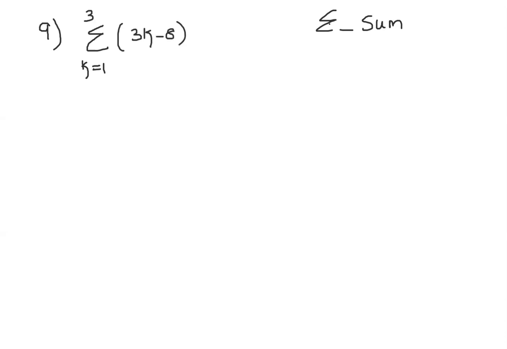And the next one is we are going to learn how to write the terms of each series, the sum of the series. So I'm going to number 9. This sigma is the symbol for sum. So this means adding; we have to add the terms. We have to plug in k equals 1, 2, and 3 and add all of them.